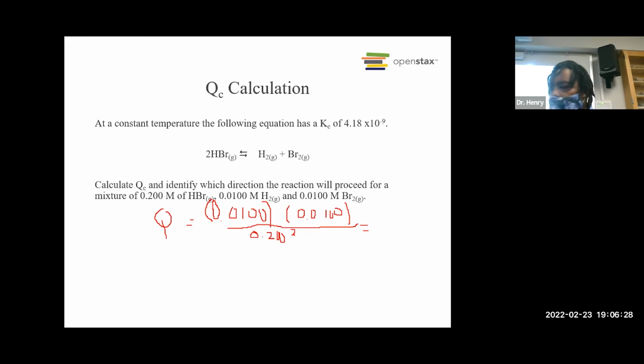So then that's going to equal 0.025. I have a zero off. Okay, it's not behaving. Erase. There we go.